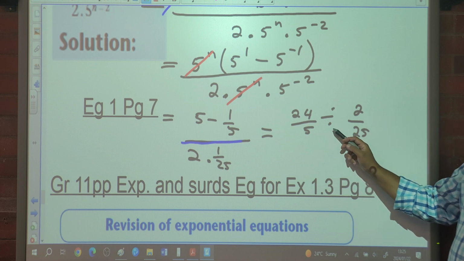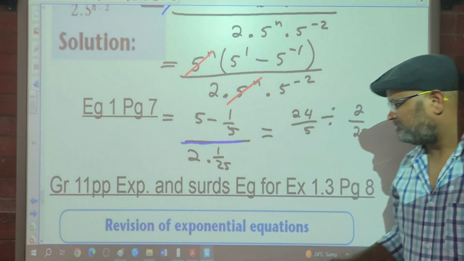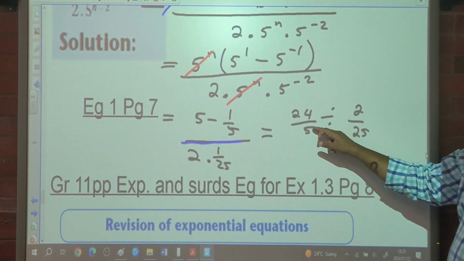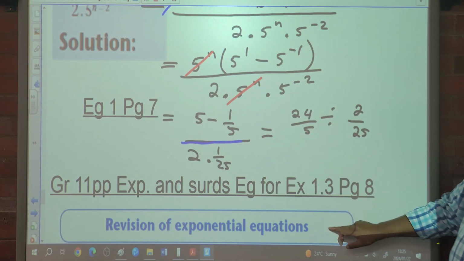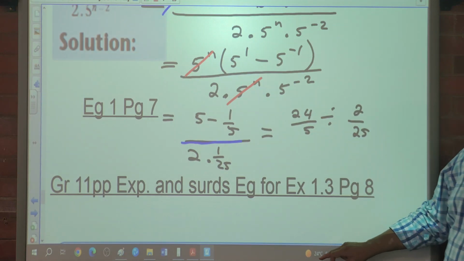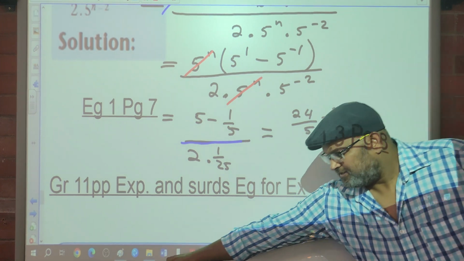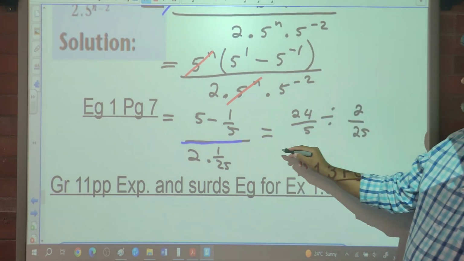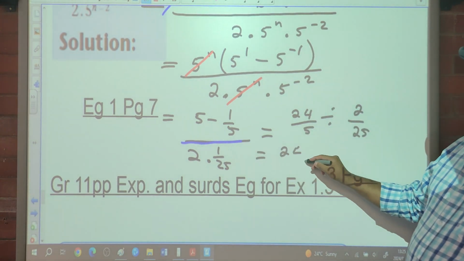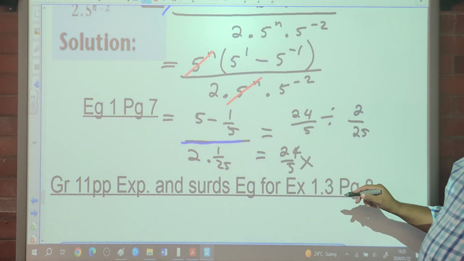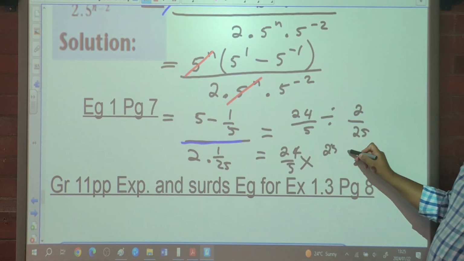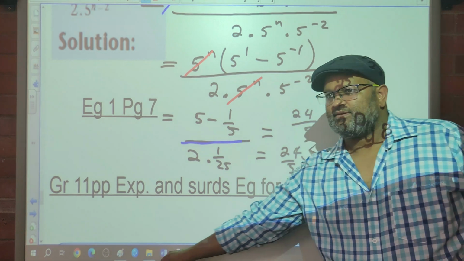But 2 over 25 can be written as what? Sorry, 24 over 5. If I change that to multiplication, what do I do? Now it becomes 24 over 5 multiplied by 25 over 2.